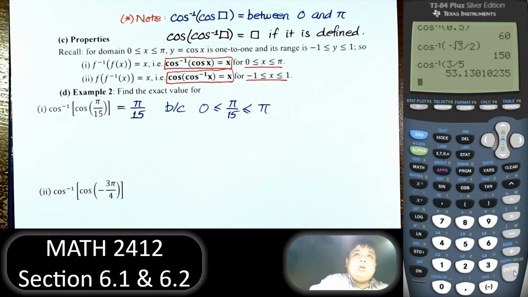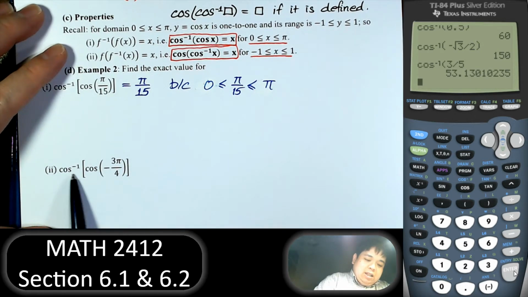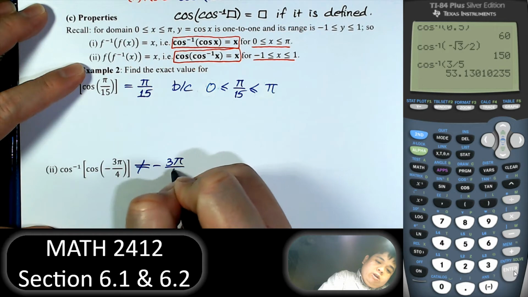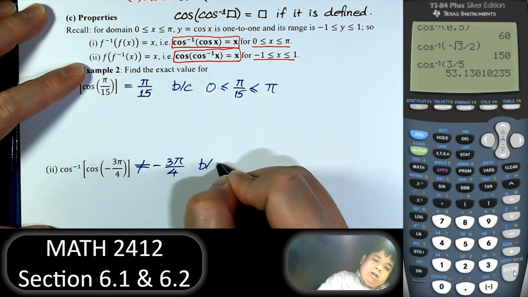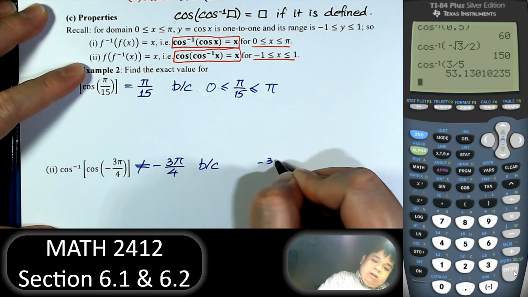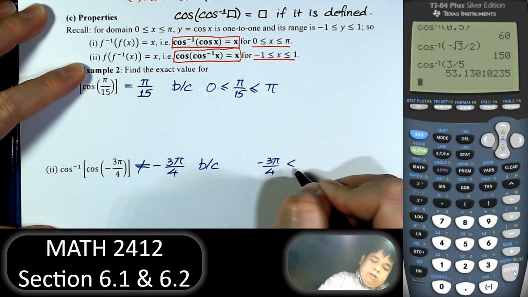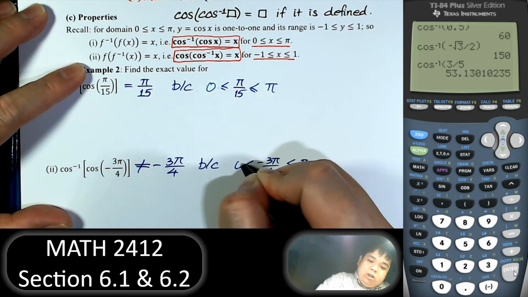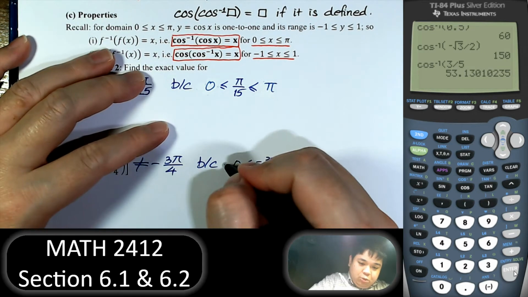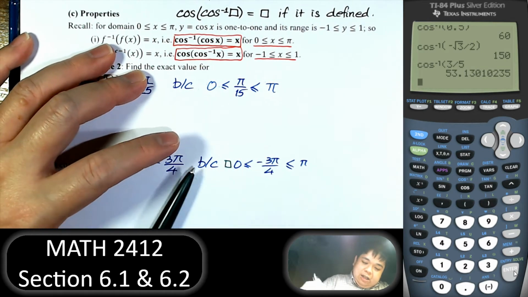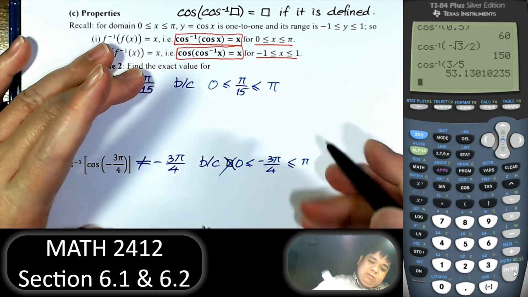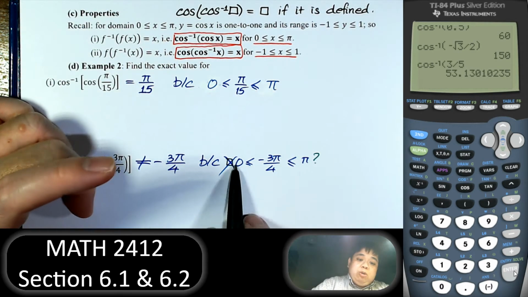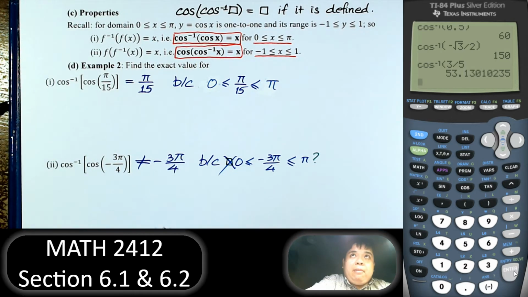Yeah, that works. Now, next, this one we know it is not going to be equal to negative 3 pi over 4. Why? Because negative 3 pi over 4 is not between 0 and pi. So just put a box here, and it's not true. Because the value is not between 0 and pi, they will not cancel out.